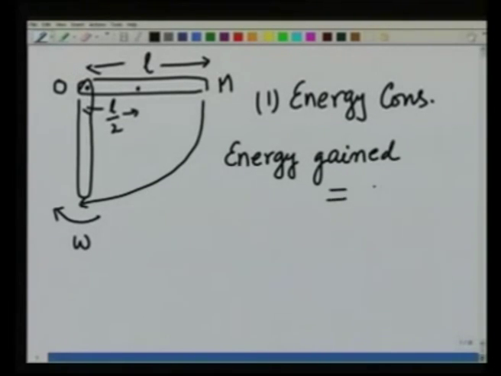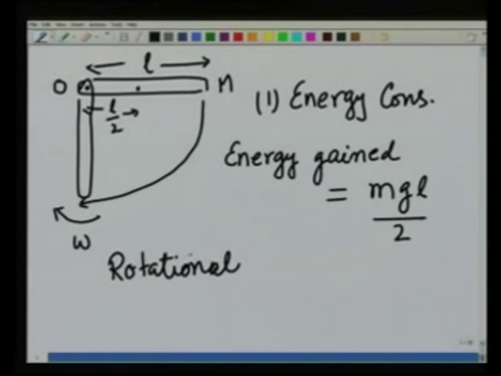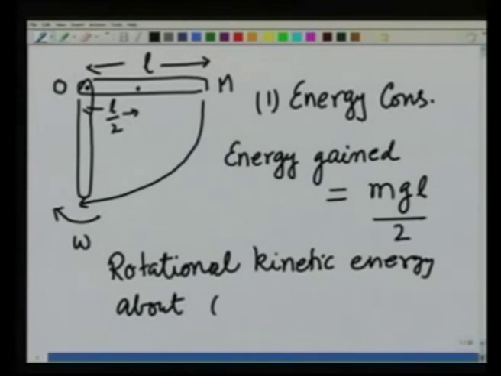should be equal to m g L divided by 2, and all of this energy gets transformed into its kinetic energy, which in this case is the rotational kinetic energy about point O. This is point O, I remind you, and this is going to be equal to 1/2 I about point O, which we have seen in the previous lecture is m L square over 3 times omega square.